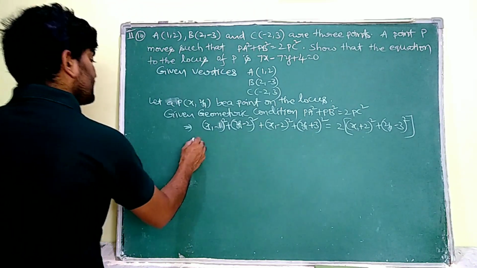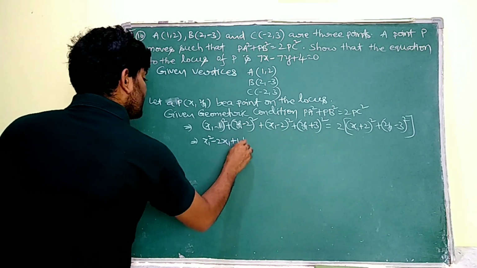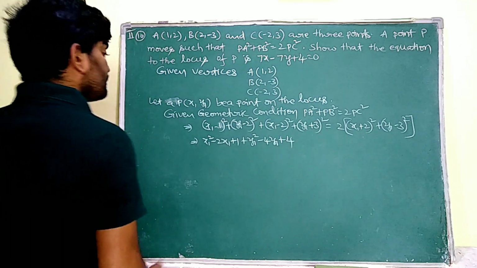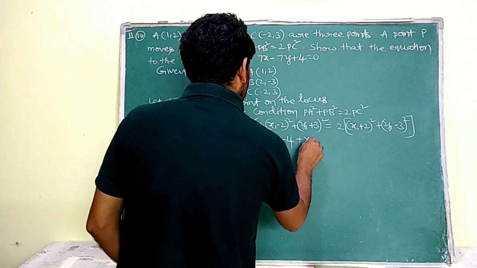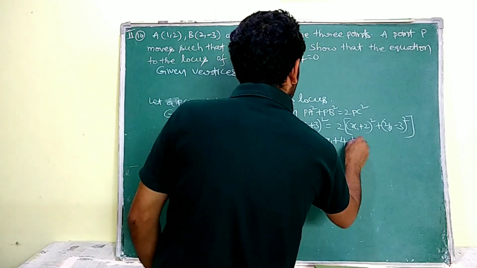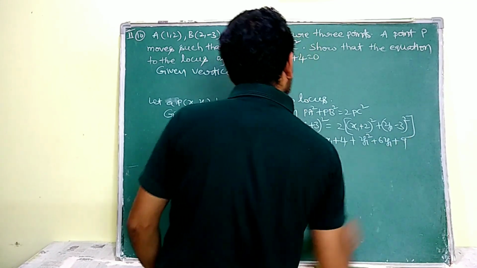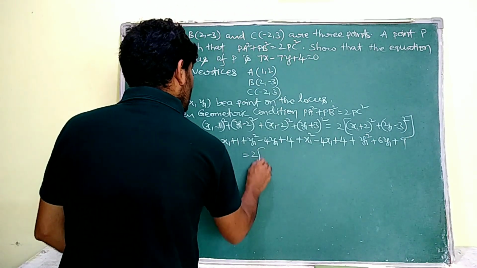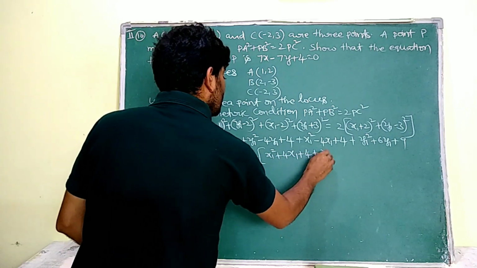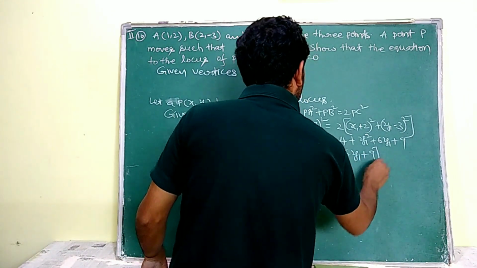Now just simplify this. x1 square minus 2x1 plus 1, y1 square minus 4y1 plus 4, plus x1 square minus 4x1 plus 4 plus y1 square plus 6y1 plus 9 is equal to 2 into (x1 square plus 4x1 plus 4, y1 square minus 6y1 plus 9).